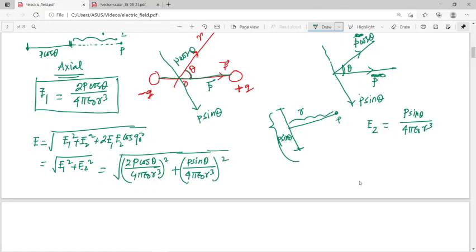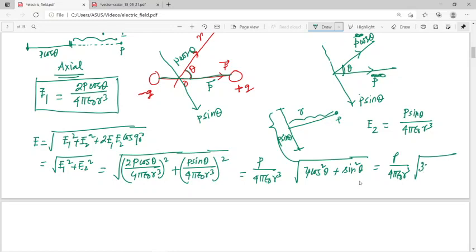So we can take common p by 4 pi epsilon naught r cube, and within the root this is 4 cos square theta, and this is sine square theta.